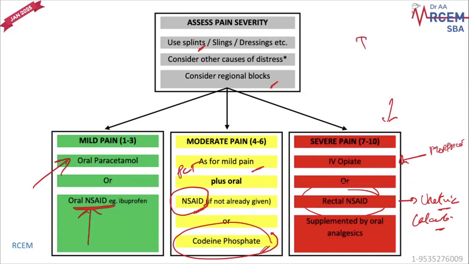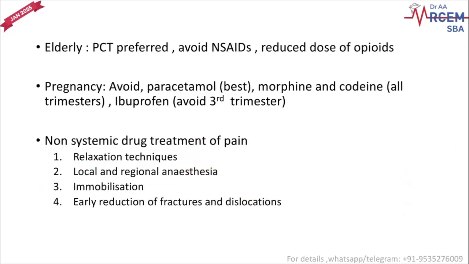Its preferred route is PR, that's why I call it rectal NSAIDs. You can give it intravenously or intramuscularly also, but the preferred route is rectal. And opioid alone shouldn't be given. You should always supplement with other oral analgesics like paracetamol, codeine and NSAIDs, so that you have a synergistic effect.